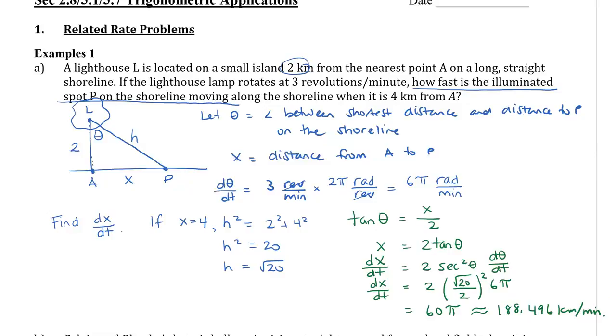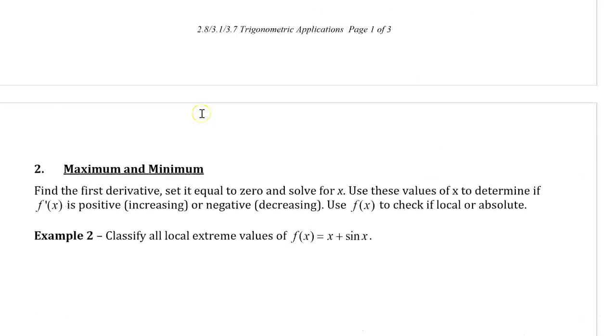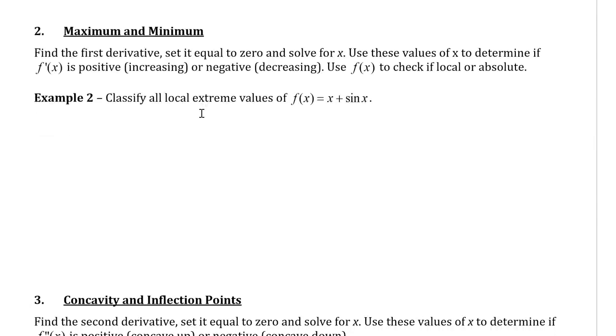All right, let's take a look at a different question. Let's take a look at one where we have to find the maximum and minimum. In this question, find the first derivative, set it equal to 0, same as before, and solve for x. Then use these values of x to determine if f prime is positive or negative, so that we can find our local or absolute max and min.